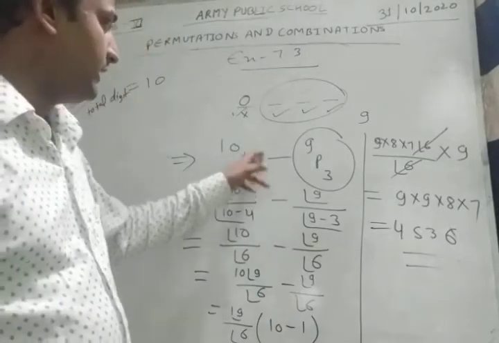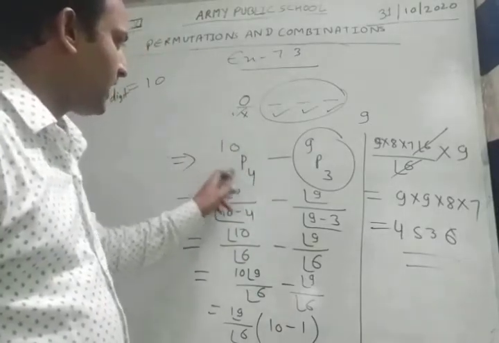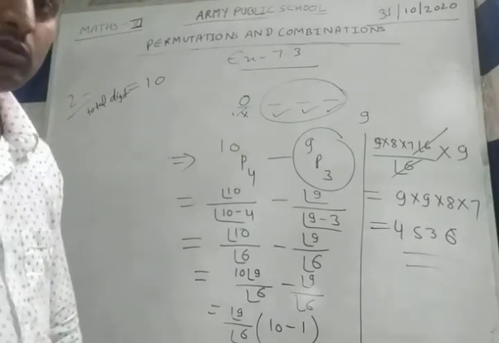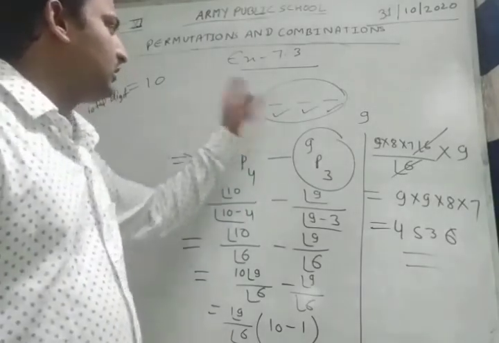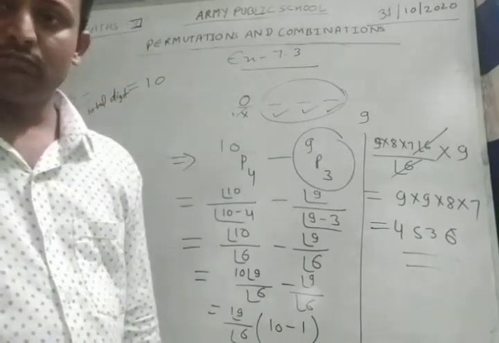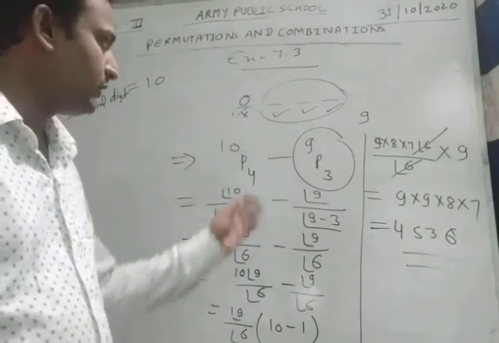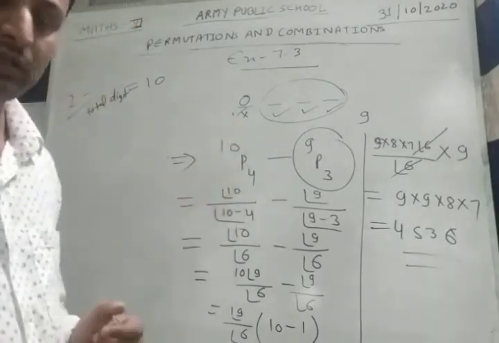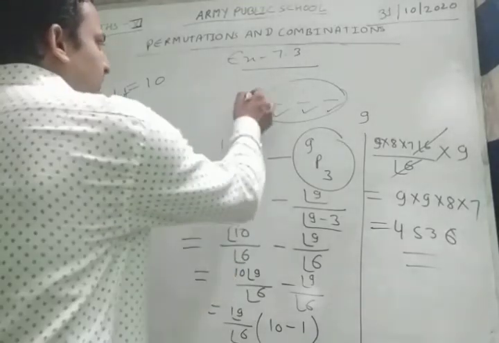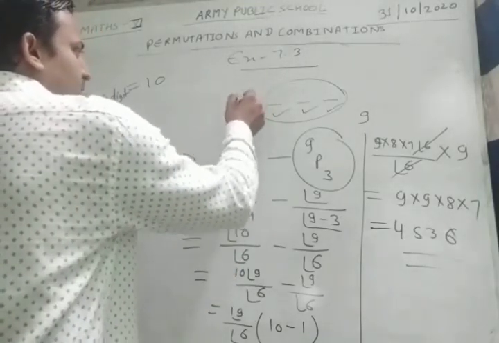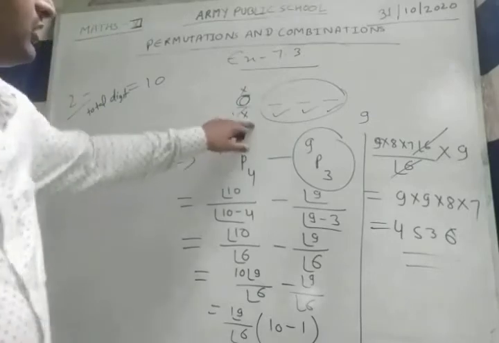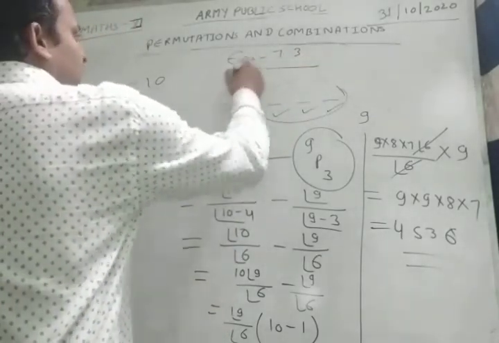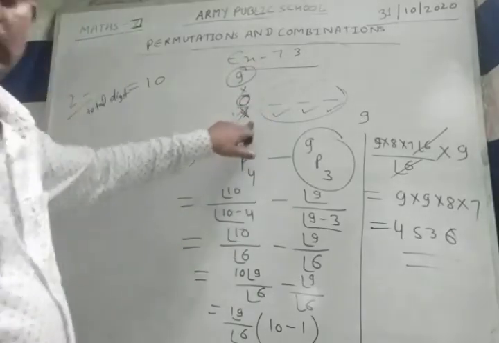But in these numbers, those numbers are also involved which are starting from 0. And those numbers which are starting from 0 cannot be 4 digit numbers, those are 3 digit numbers. So we will remove these from the whole number, then we get the 4 digit numbers. If we are putting 0 at first place, the total number of digits will be 9, because 1 zero we have taken out.